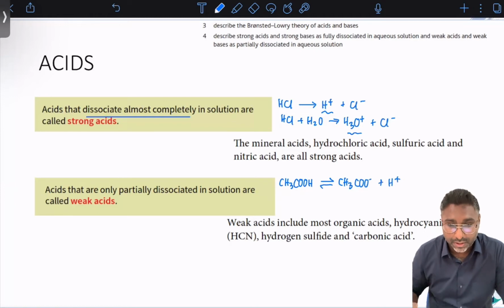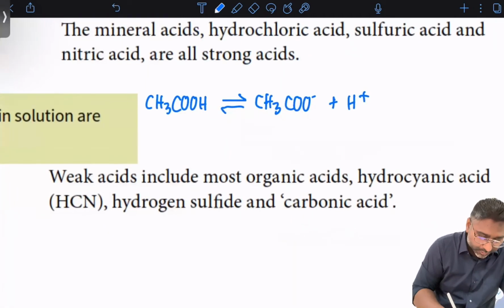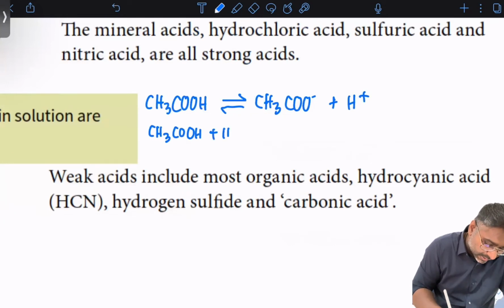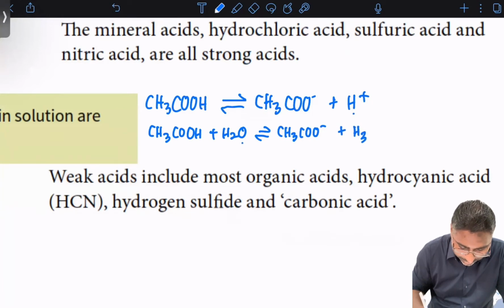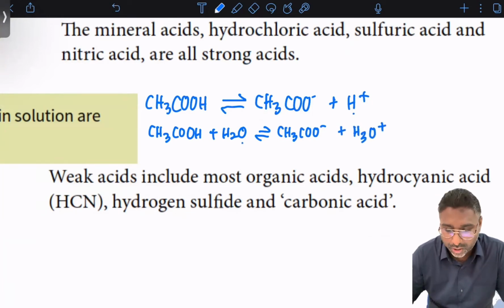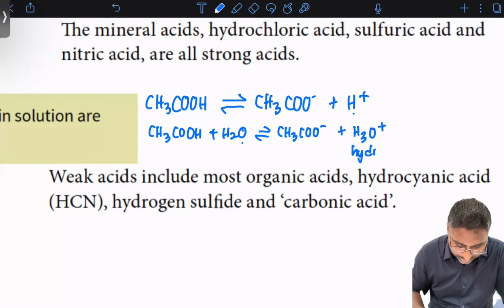If I use water, I need to write CH3COOH plus H2O, which doesn't change, still a reversible equation. You are going to get CH3COO minus, and the H plus will join with H2O to give you H3O plus, which is called the hydroxonium ion.